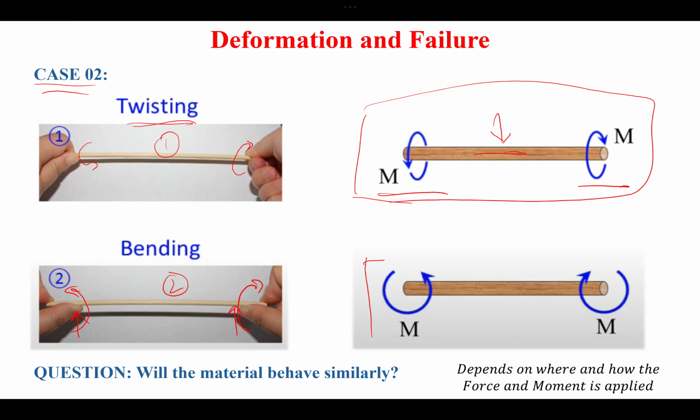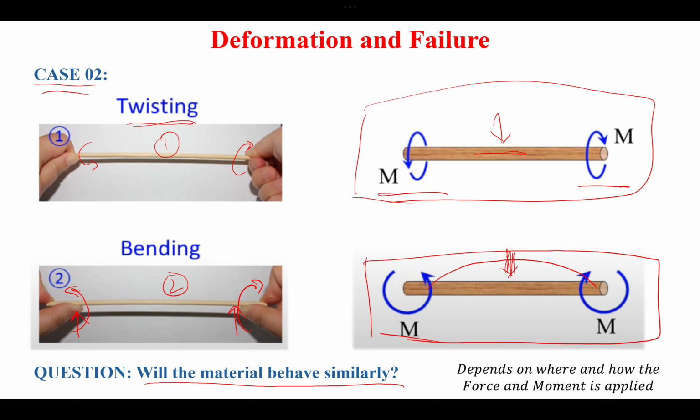In that case, you are trying to bend it, and it's very possible that it will not peel off, but it will create some fracture or break at this specific point. So for the question, will the material behave similarly? No, it's common sense. If you are twisting it, it will be a different behavior than when you are trying to bend it.